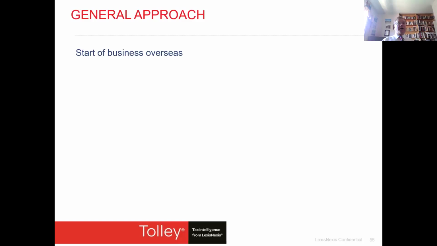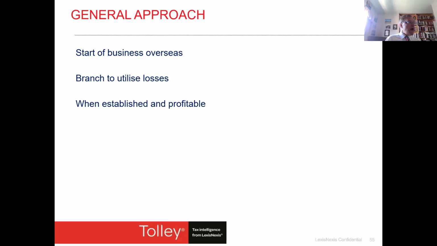The general approach, start of a business overseas, you would have a branch to utilize losses when established and profitable, and you would incorporate, therefore, into a subsidiary. So that would be the general approach that you would probably have. While loss-making, a branch; as it grows, incorporate into a subsidiary.